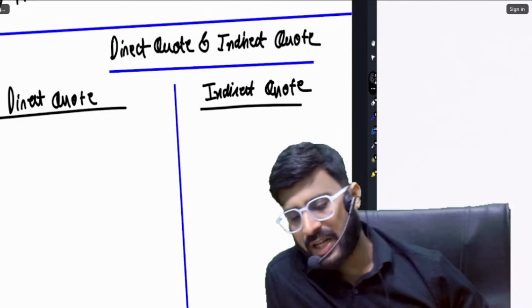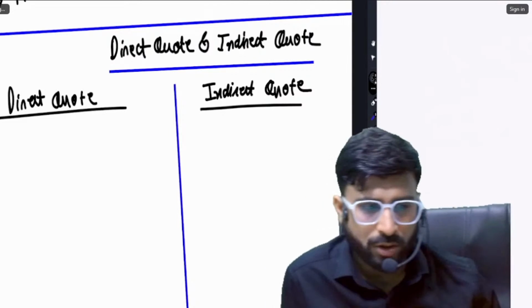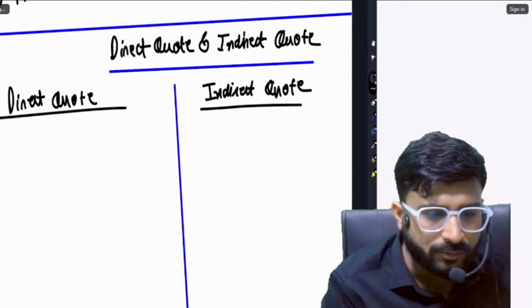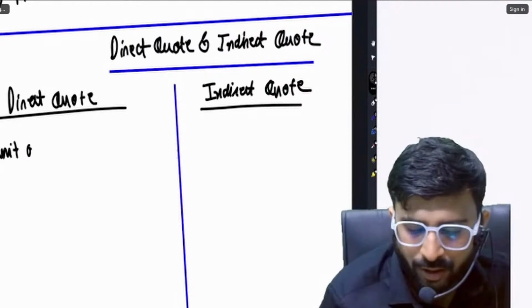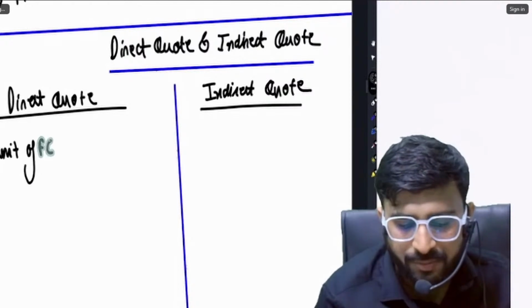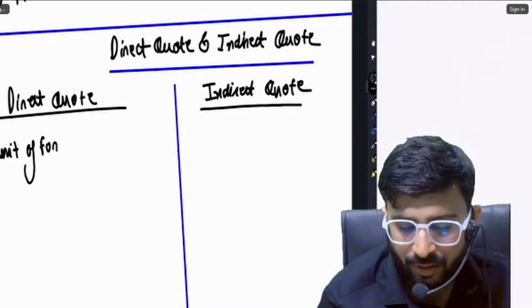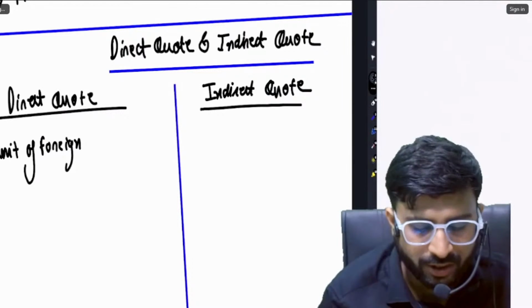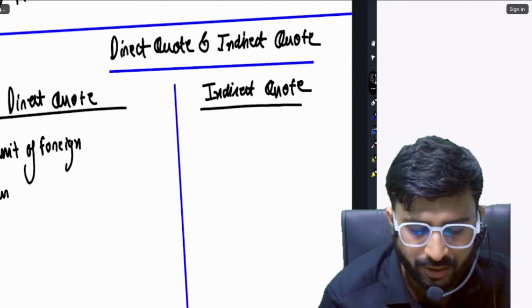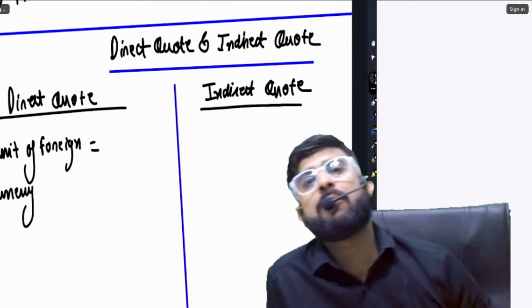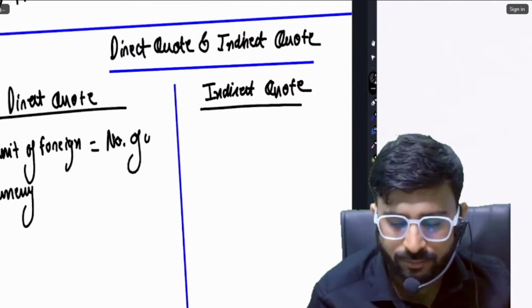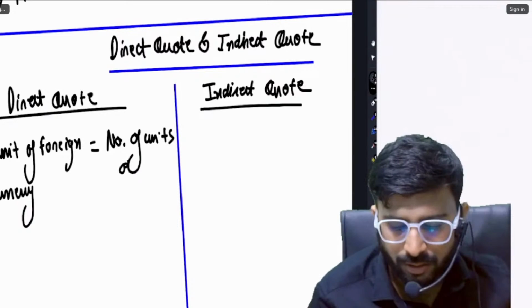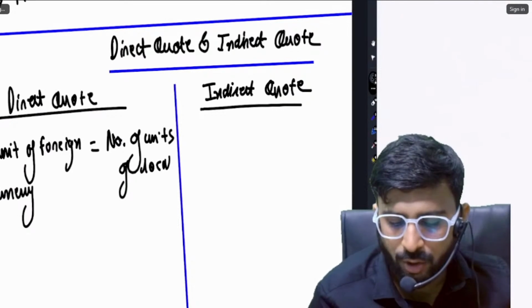There is direct quote and then there is indirect quote. Now, what is it? See, 1 unit of foreign currency, FC meaning foreign currency, equals number of units of local currency.